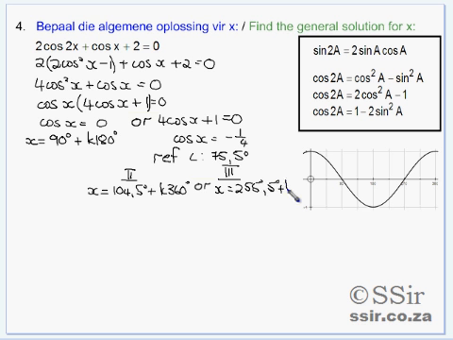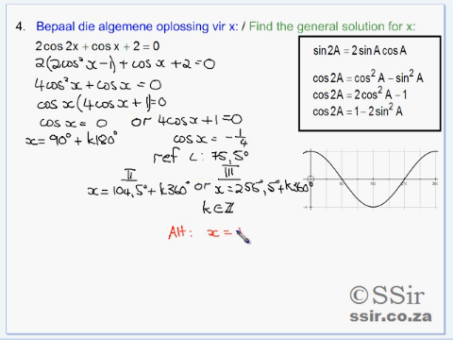And we must of course remember that this is part of the answer and this is the rest of the answer. And for all, we need to say that k is an element of the integers. The alternative to cos x equals minus a quarter is second function cos of minus a quarter on my calculator gives me 104.5.